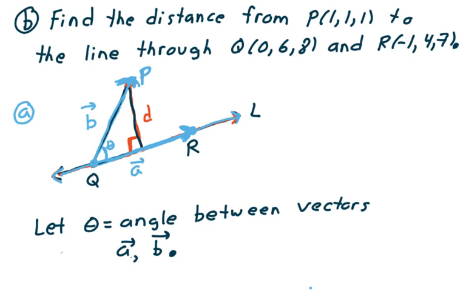So let's take a look at a picture for part A for this to make sense. Notice how we have a line L, and we have points Q and R that are located on line L, and we have the point P, which is not on line L. Now, B is the vector QP, and A is the vector QR.